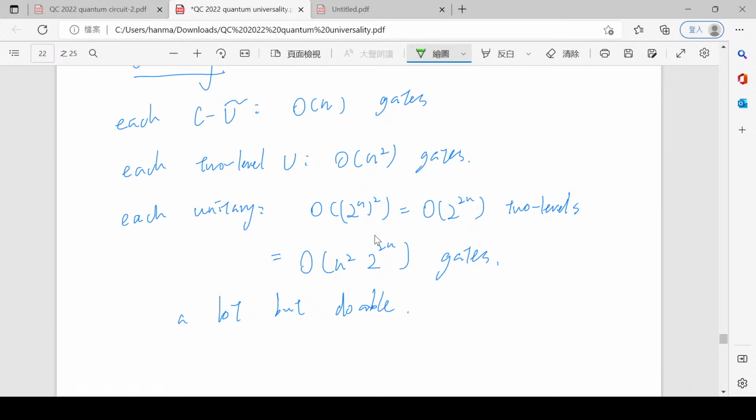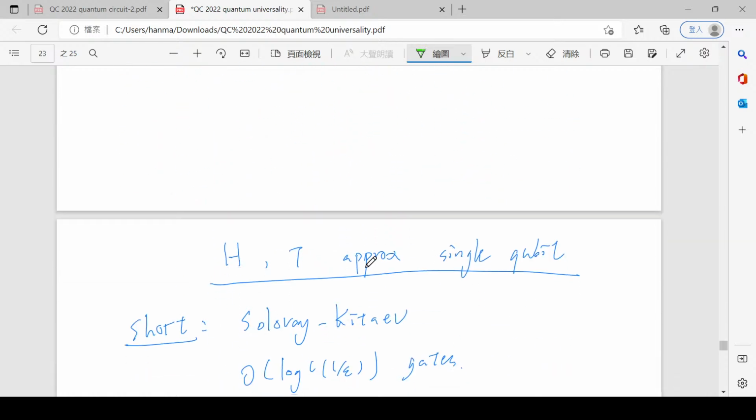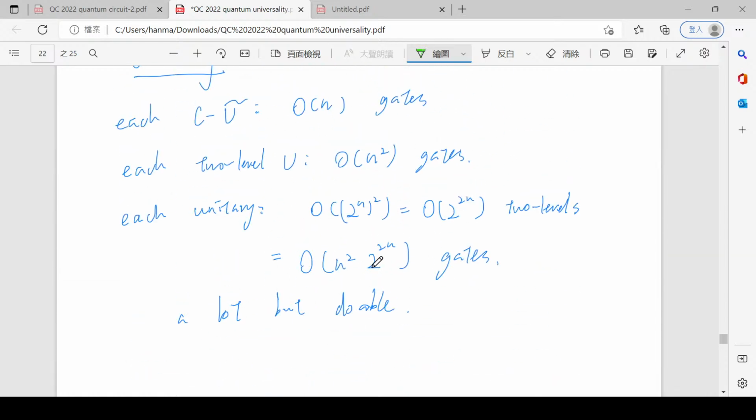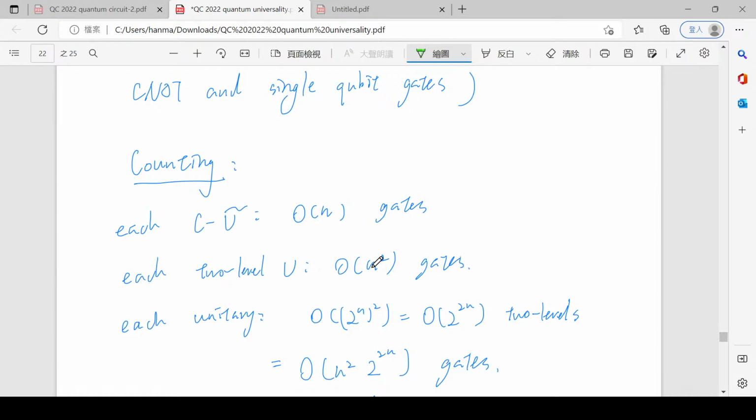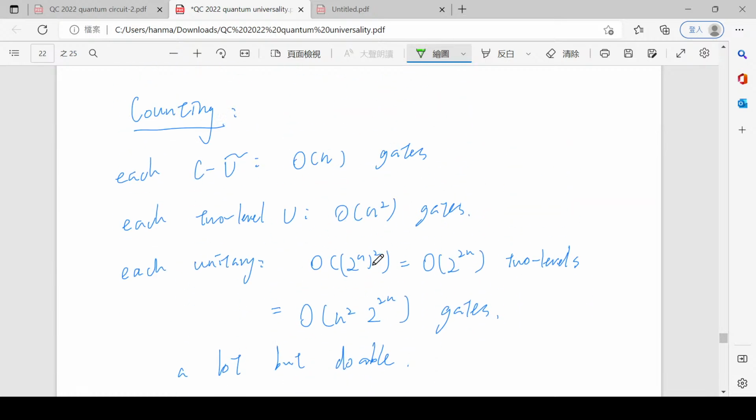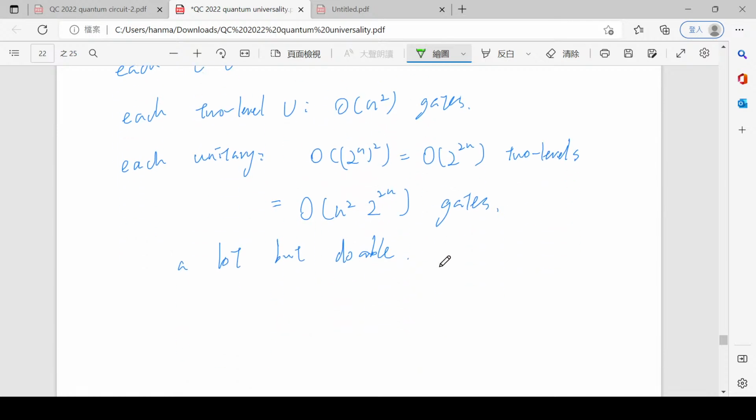But anyway, we are only showing that this is possible. Might not be too efficient, but it's possible. I think the book might have a counting lower bound on this, and I think it might be tight. I don't remember right now, but there are actually a lot of unitaries possible in 2 to the n times 2 to the n dimensional space, so this might be tight. Anyway, it's a lot of gates.